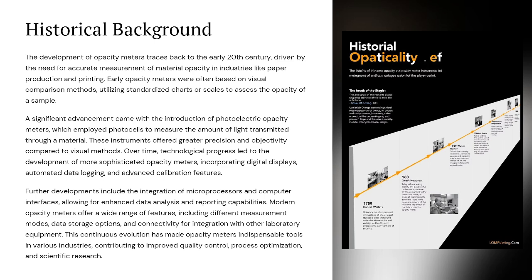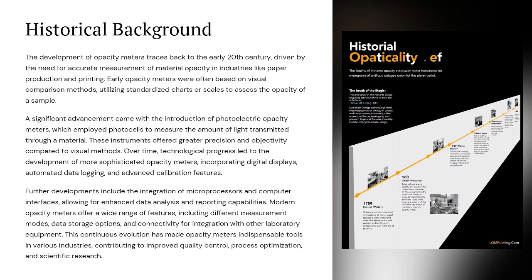These were much more precise. Today, modern opacity meters have digital displays, can store data, and even connect to computers. This evolution has made them very reliable and widely used in industries.